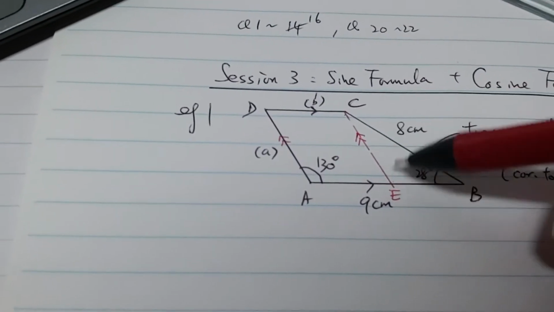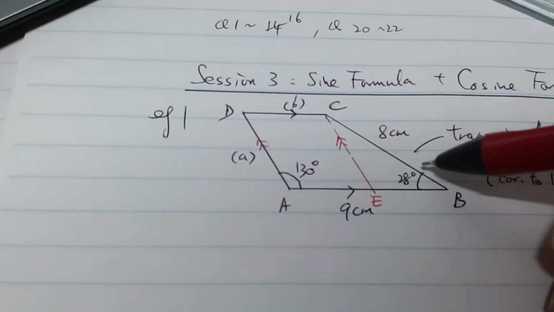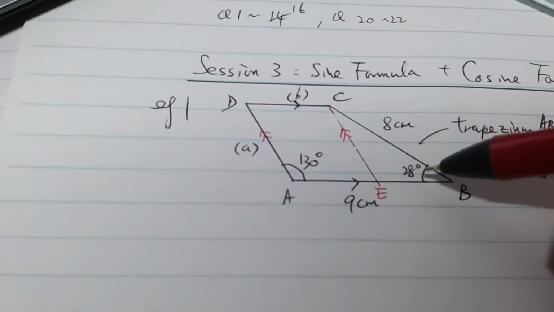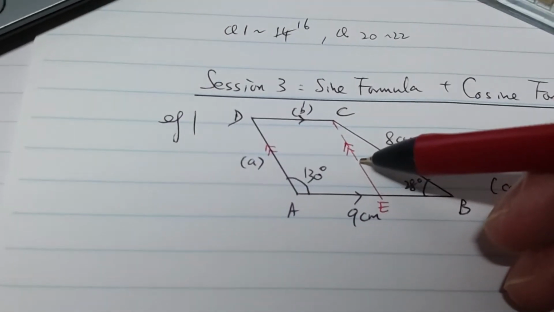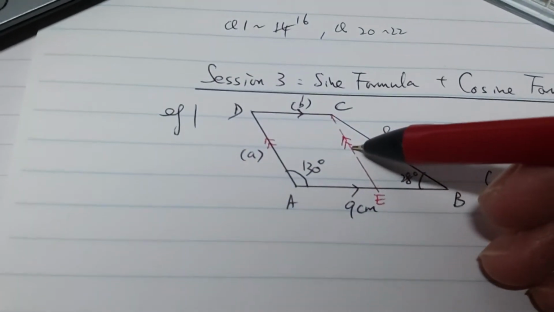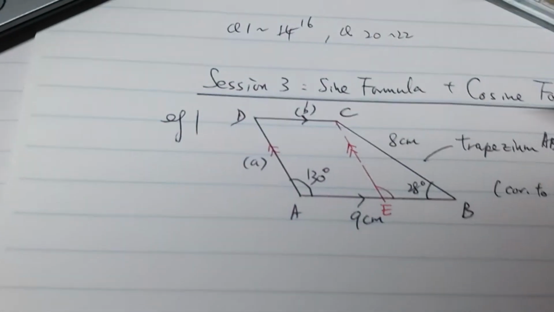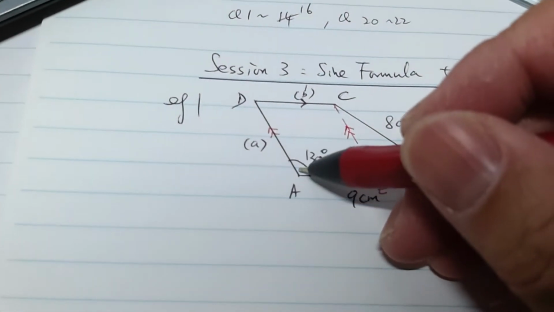I let this point be E. However, in this triangle, do we have enough information to find this line? These two lines are parallel. Can we get this angle? Yes, this angle is the same as this angle.